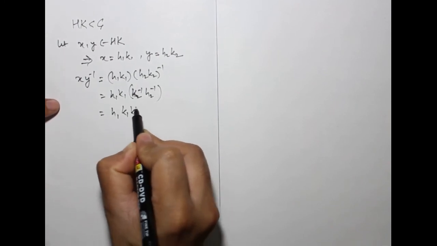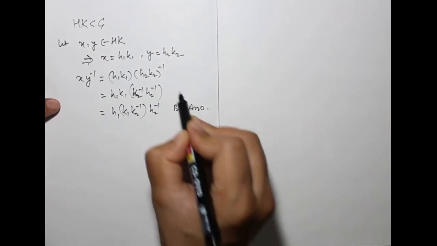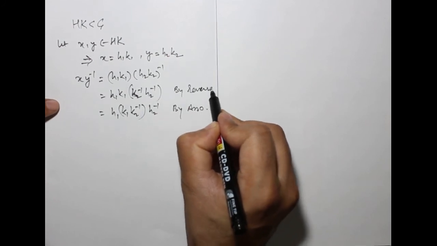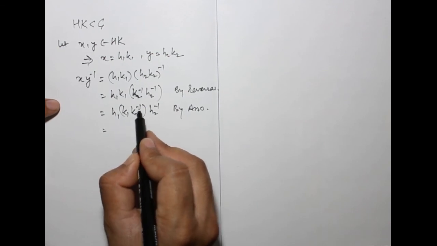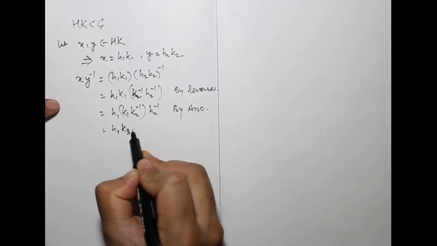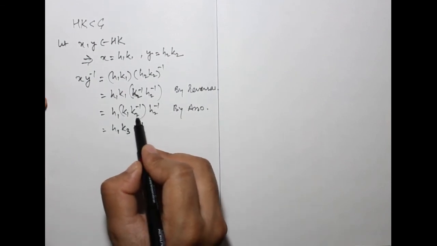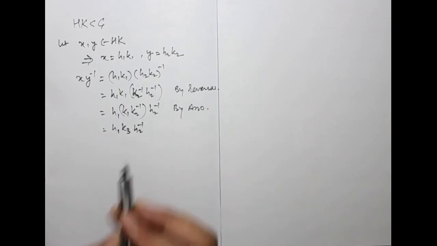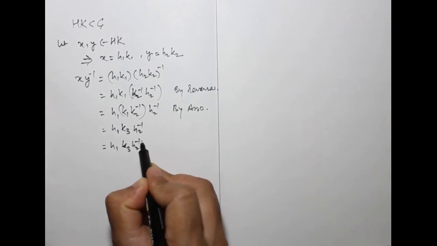Now this k1 k2 inverse is k3, because k1 and k2 inverse are elements of K and K is a subgroup. So we can write this h1 k3 h2 inverse.